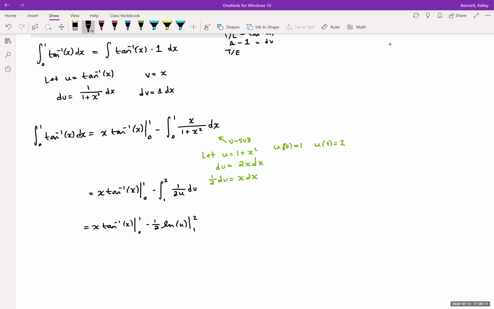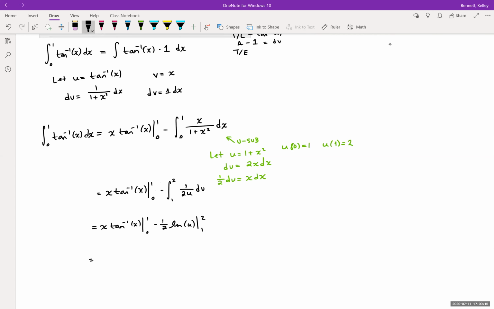So now that I'm here, I can go ahead and just plug and chug. So this is going to be 1 times arctan of 1 minus 0 times arctan of 0, minus 1/2 of ln 2 minus ln 1. So I can go ahead and simplify a lot of this.